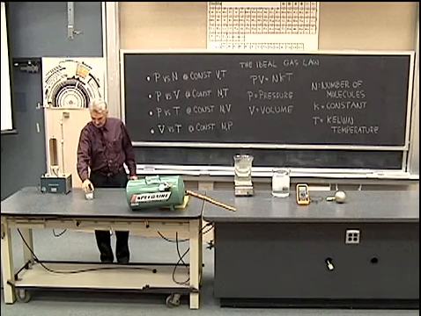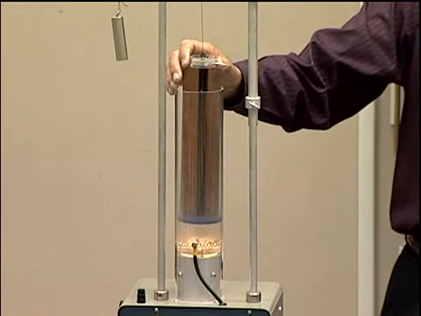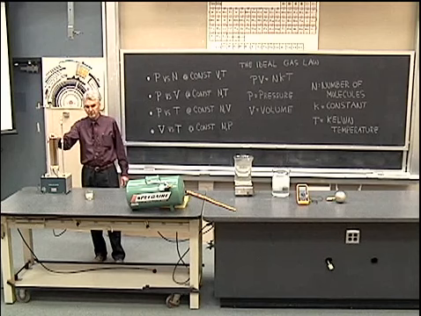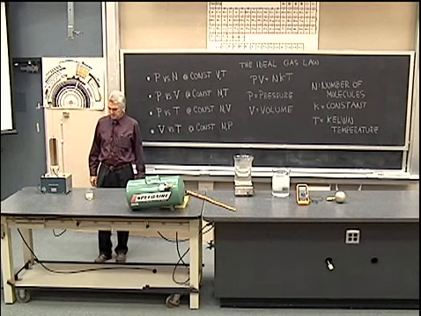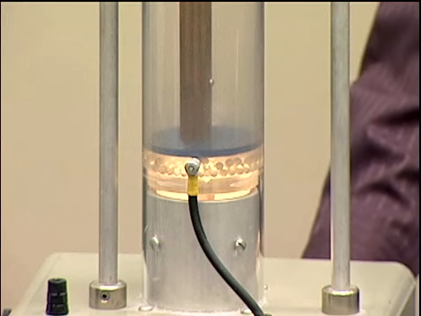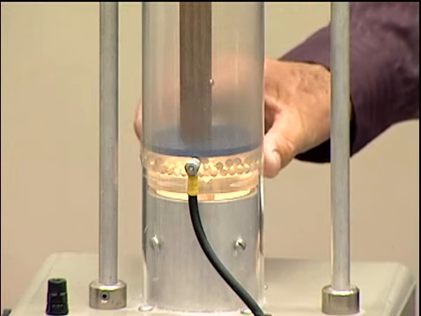And we'll see that that will cause the volume to increase as the pressure is going to remain essentially constant. So with constant pressure, constant number of molecules, we're going to see the volume increase as we simulate a temperature increase. Now I'm going to turn this on and start the disc spinning.